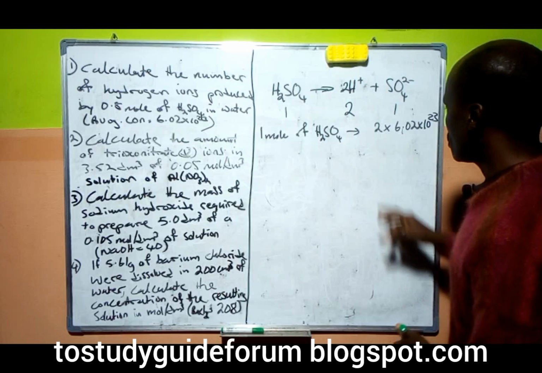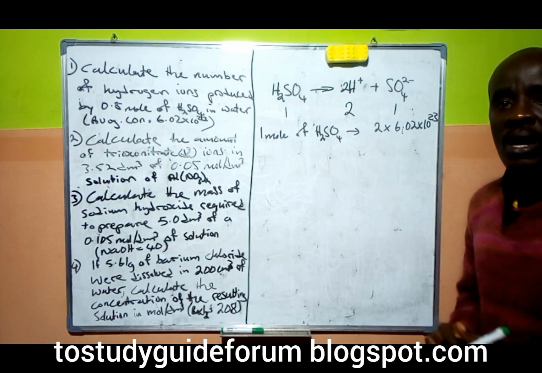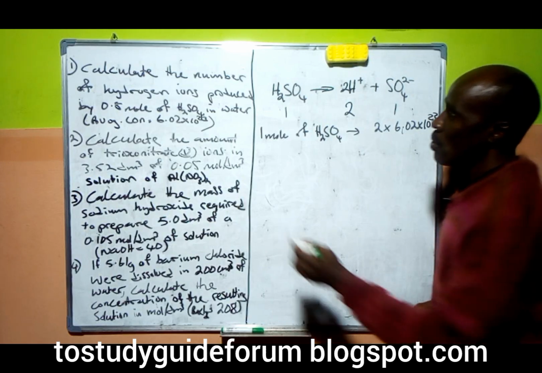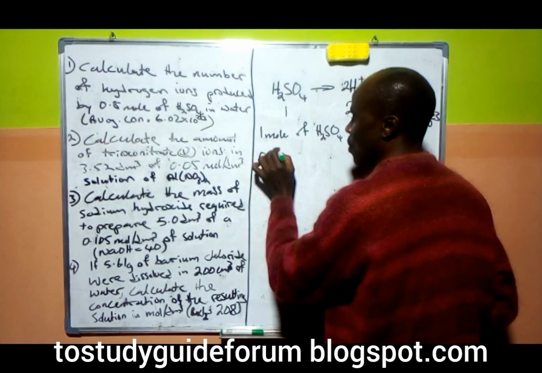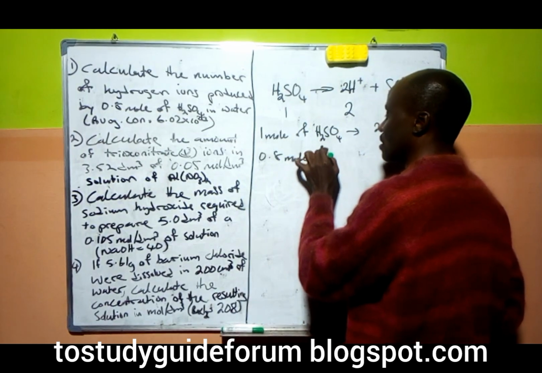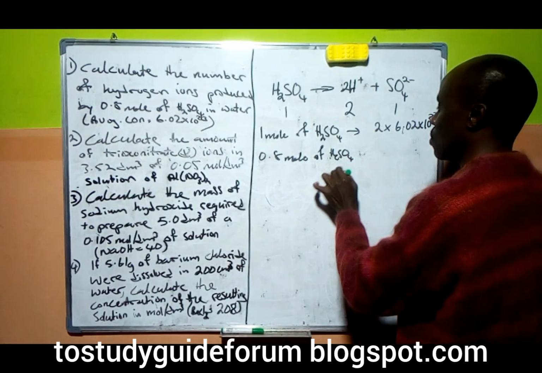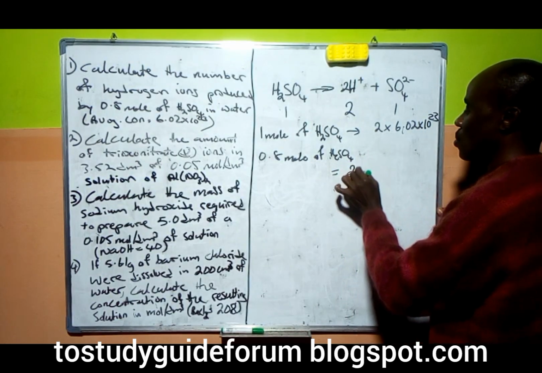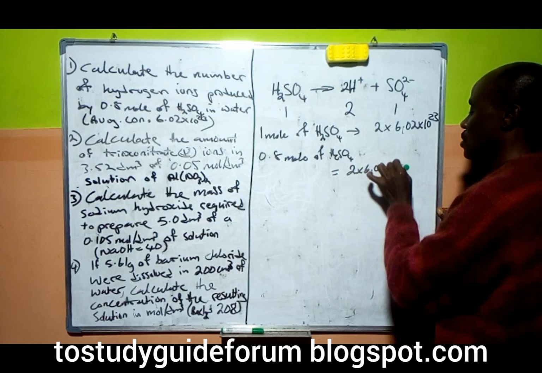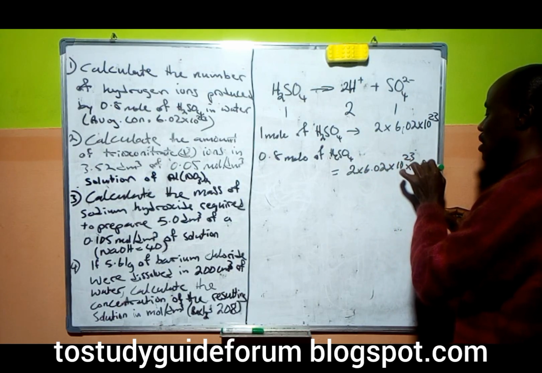Now 0.8 mole of the same acid, the tetraoxosulphate, will then give us 2 times 6.02 times 10 raised to the power 23 times 0.8.